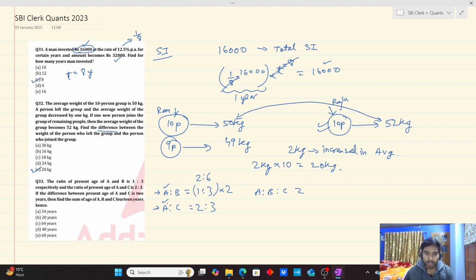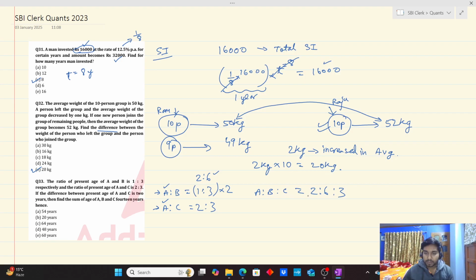Since A in both the ratios is now the same, 2 and 2, I can write A is 2 units, B is 6 units, and C is 3 units. Why will C remain 3 units? Because we did not multiply anything with this ratio. We multiplied 2 with the first ratio to make A's unit equal to the ratio of A in the second ratio that is given to us.